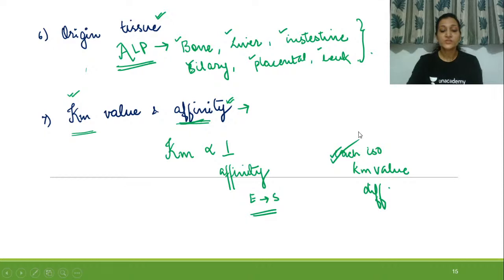Okay. So what are the characteristics we have seen? Electrophoretic mobility, stability to heat, inhibitors, cofactors, sensitivity to antibodies, then tissue of origin, and then Km value and affinity. These characteristics we have seen.